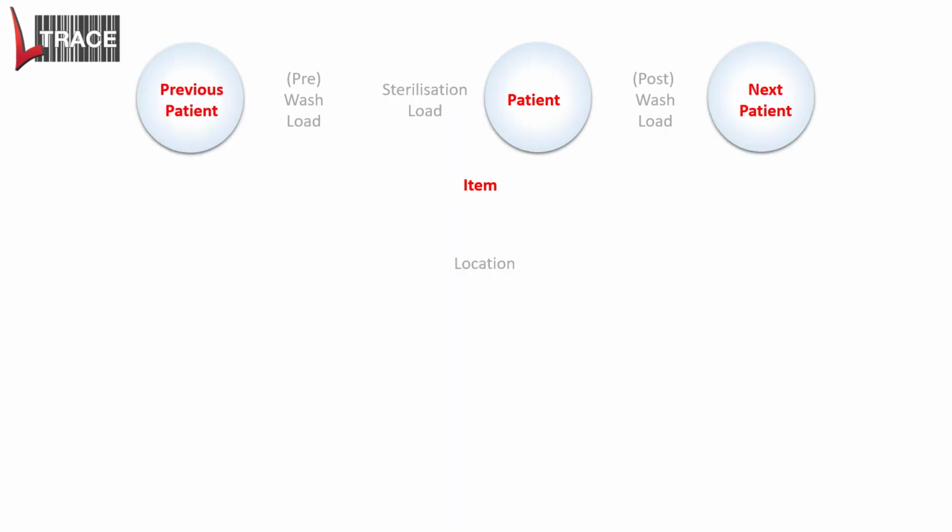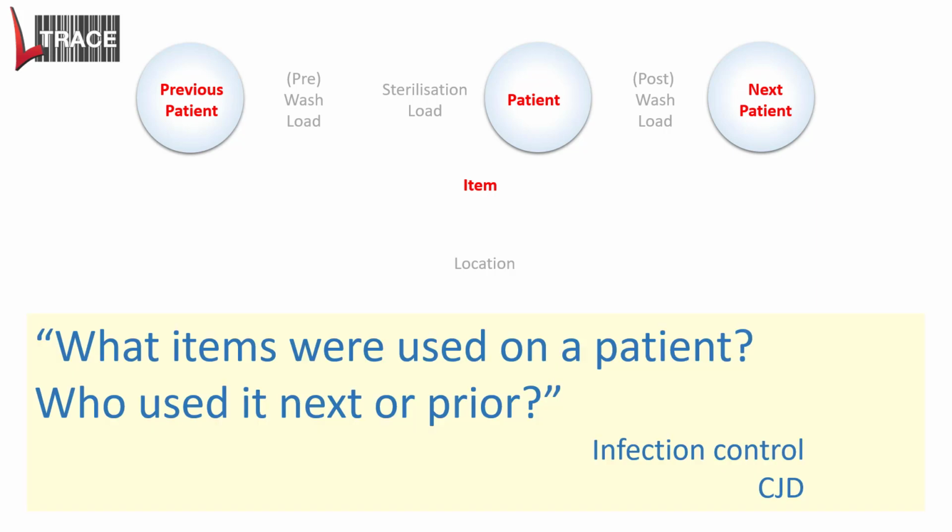If we then look at previous patient and next patient, what items were used on this patient, who used it next, or who used it prior, that's infection control, but in the case of CJD, that's the information you need. Who's the patient that's likely to have been the source, or more often than not, which patients used the instrument afterwards that you then need to be monitoring.